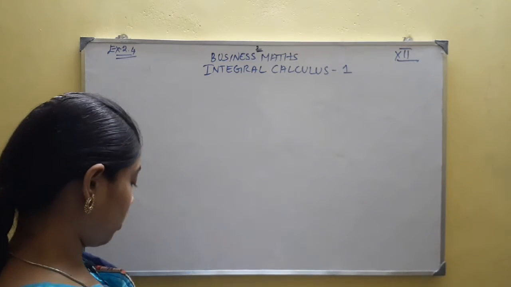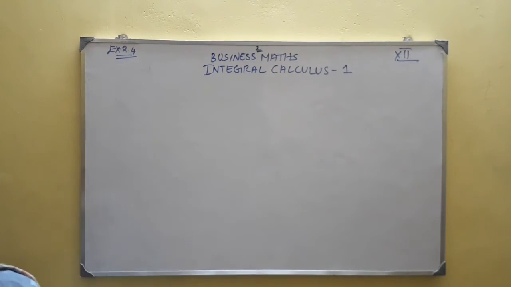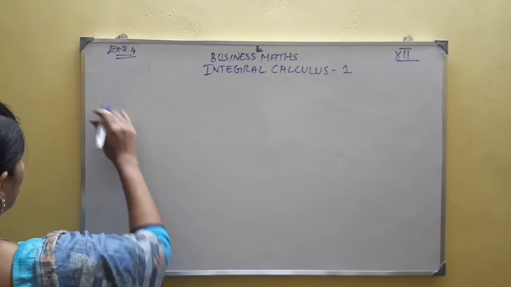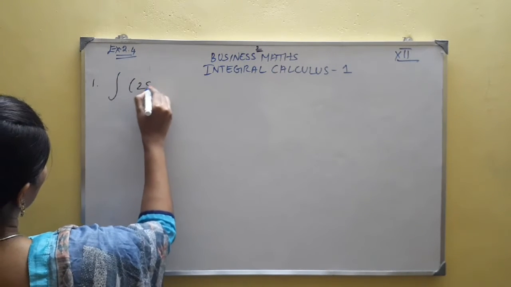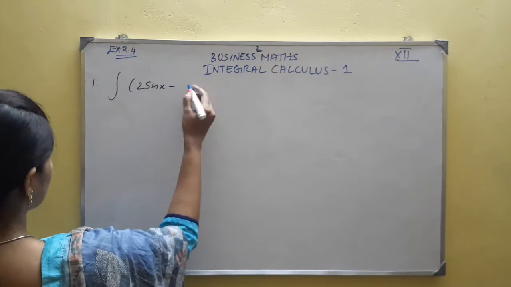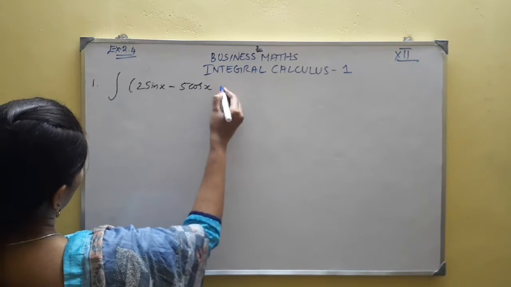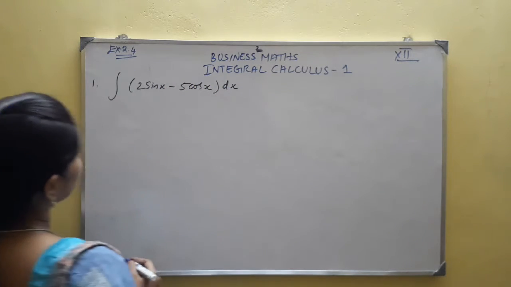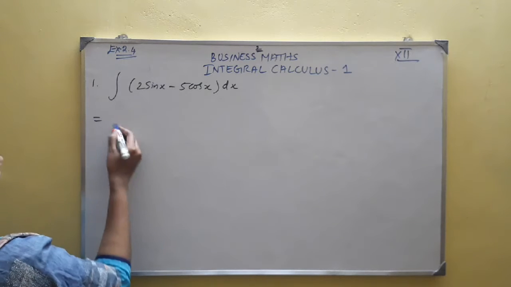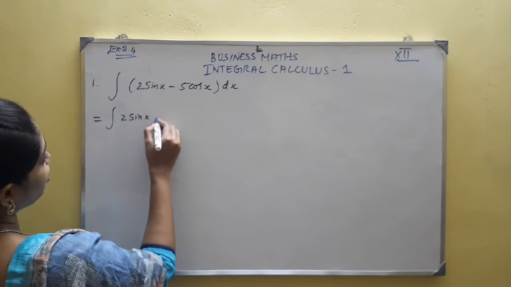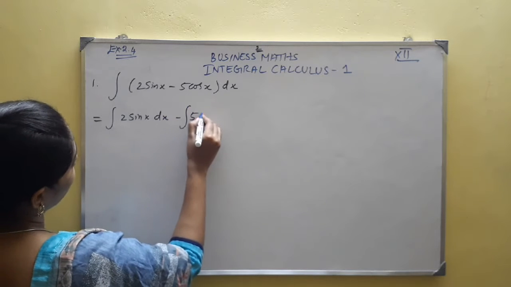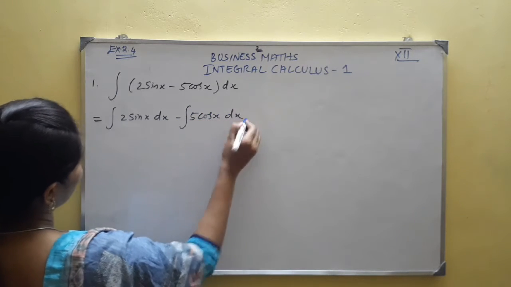So first problem, integrate with respect to x: integral 2 sin x minus 5 cos x dx. Now take this integral separately for each term. Integral 2 sin x dx minus integral 5 cos x dx.